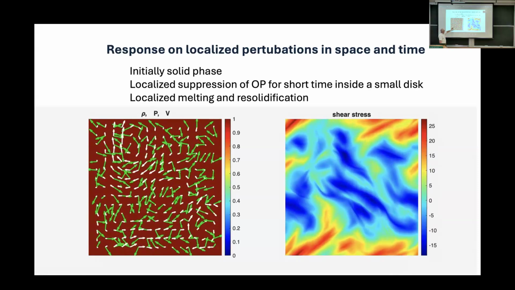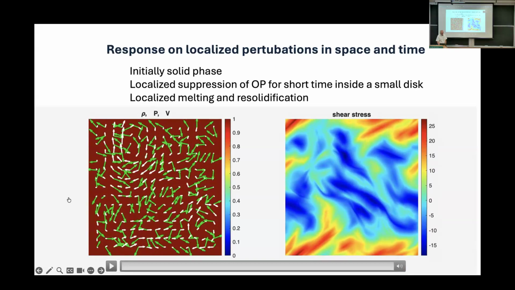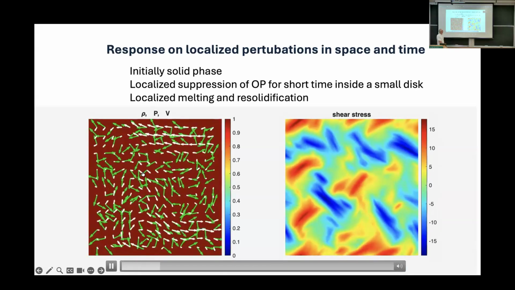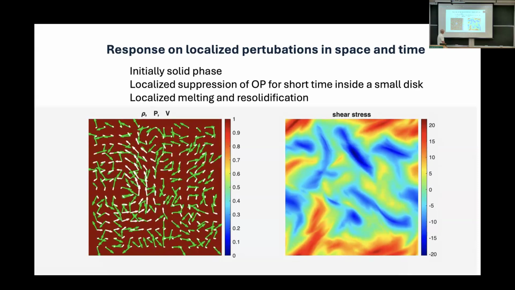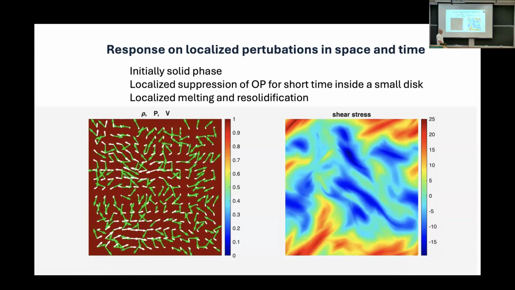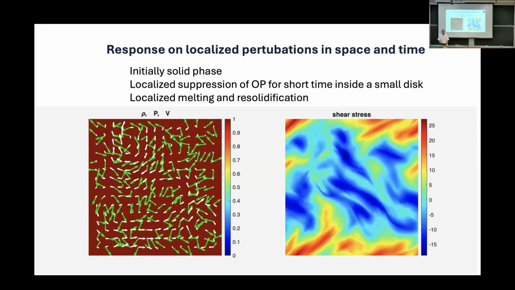The system keeps relaxing, and the response to this perturbation is somewhat localized. It repairs this damage very fast. See? There is no global rearrangement. So the response to this perturbation is rather local.